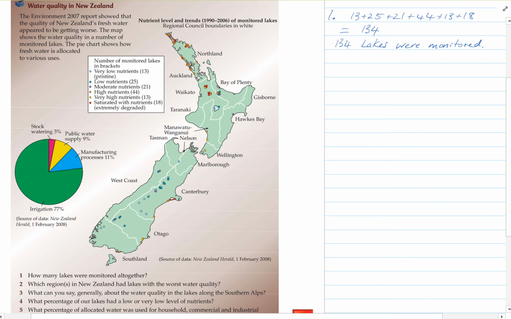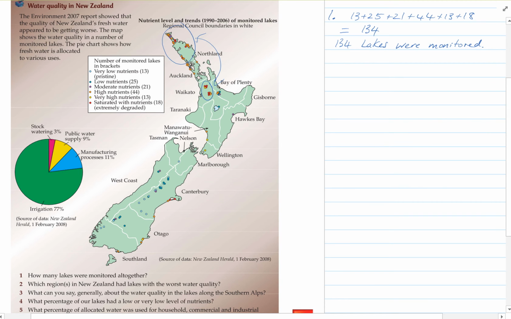Okay, so our next question is saying which region in New Zealand had the lakes with the worst water quality. So we really are looking for ones that are saturated with high nutrients and where there's a lot of them. Now in the South Island we're quite lucky to not have too many like that. There's a few there around Christchurch, a few in the Waikato, and a few in Auckland, a few in Northland. Now it's probably between these two, either Waikato or Northland.